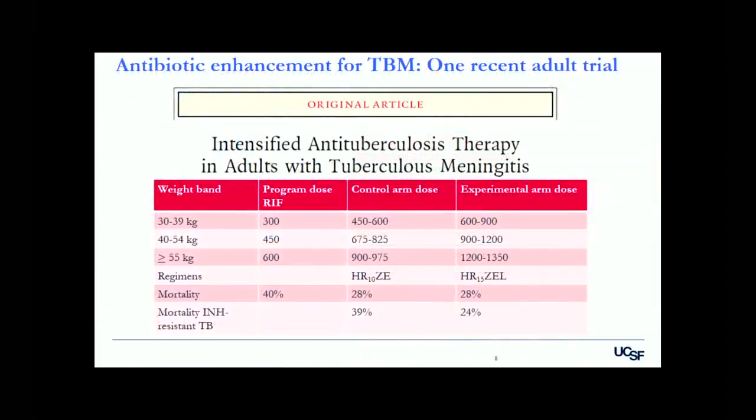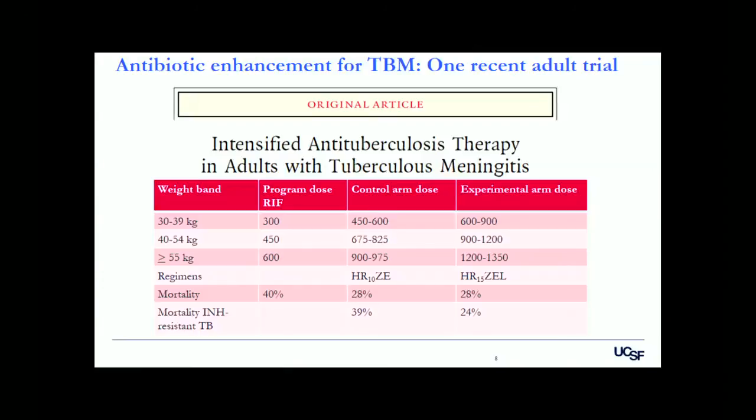On the other hand, we also had another trial which was run in Vietnam, where they also tried to intensify TB therapy in adults with TB meningitis, and this is a trial that just came out in the New England Journal of Medicine. In this particular trial, there was really no difference between the control arm and the increased rifampin dose arm.